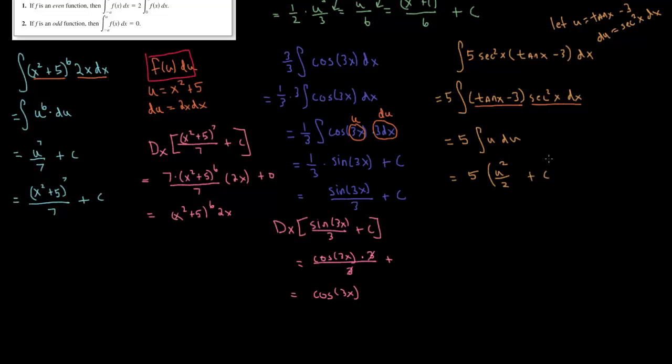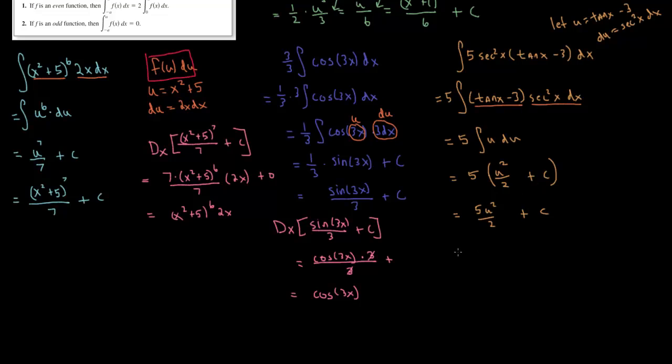Now, technically, recall our conversation from a few lessons ago. Technically, the 5 is multiplied by everything, but we don't have to distribute the 5 to the c. So we'll just say this is 5 u squared over 2, and because 5 times a constant is still a constant, that's just plus c.